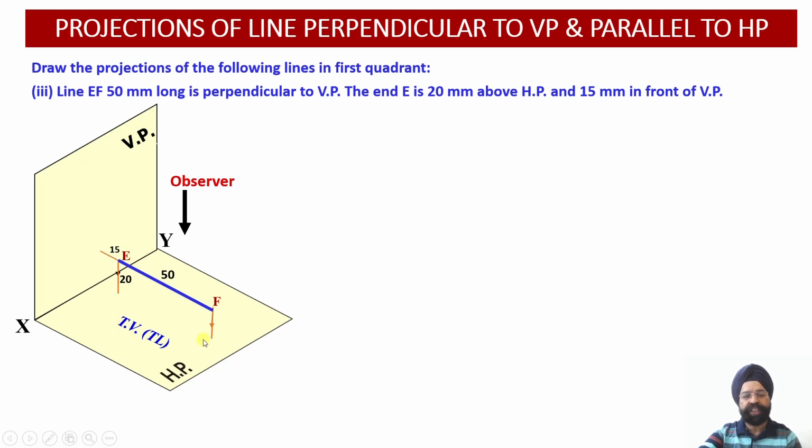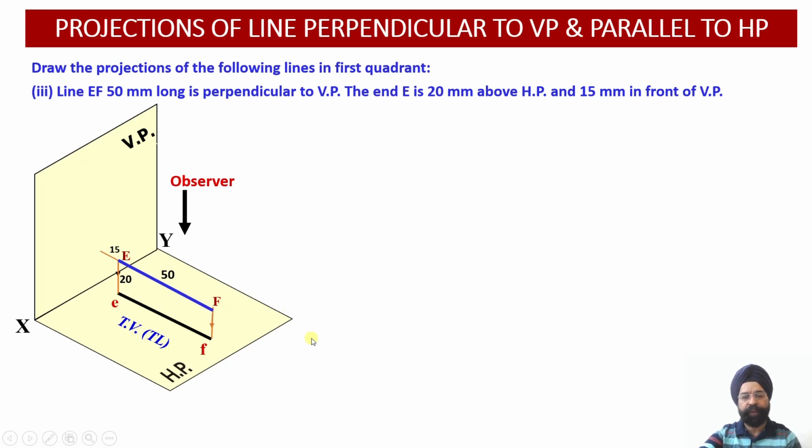So small e and small f give us the top view projections of this line, and then you need to join it dark using the HB pencil. So we have obtained the top view projections, and since this line is parallel to the horizontal plane, the top view projections obtained on HP will reveal the true length of the line.